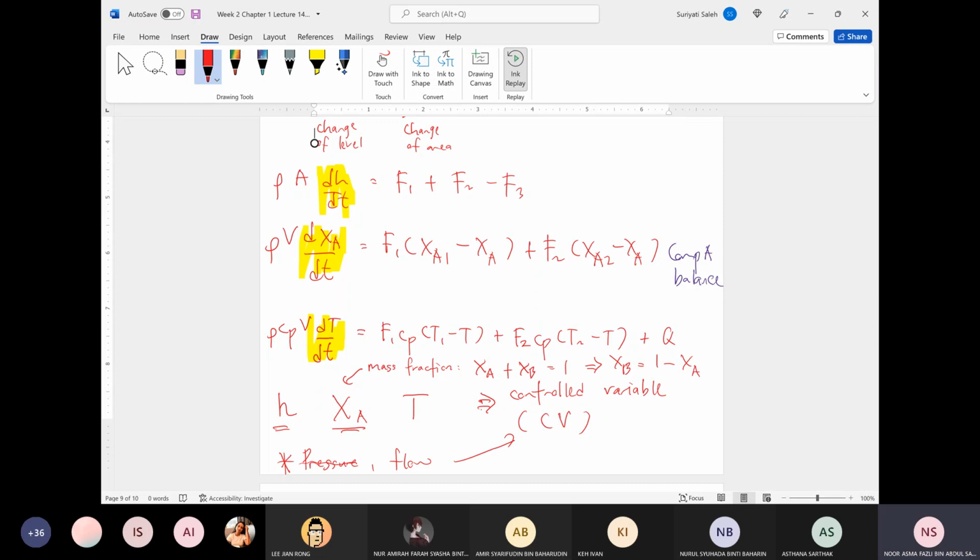So normally in practice, we will not enforce two controllers for XA and XB, because in the end you will get the violation. Your controllers become conflicting, and that will lead to imbalance. Maybe in some cases you want to control XA at 0.7. If we imagine we want to control XA at 0.7, automatically you have XB at 0.3.